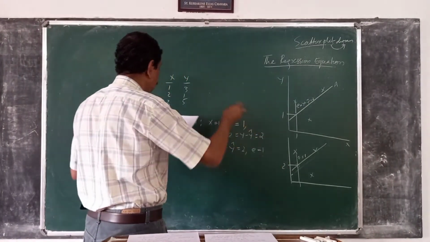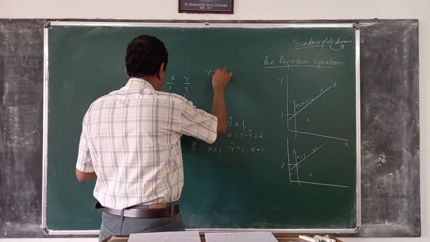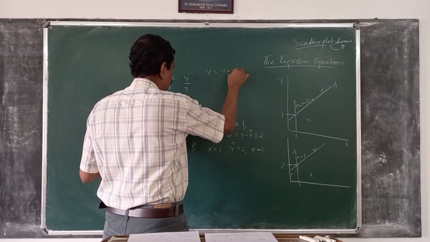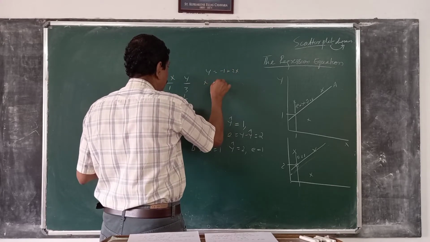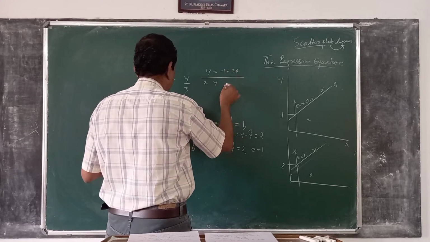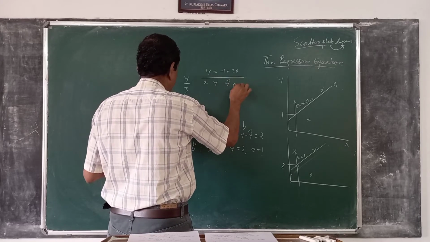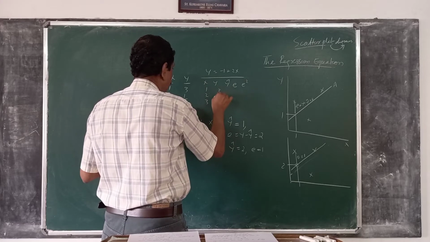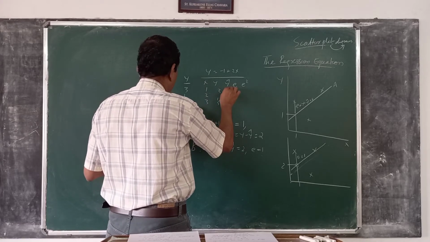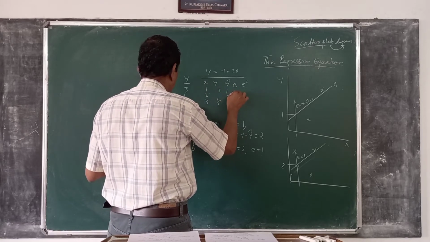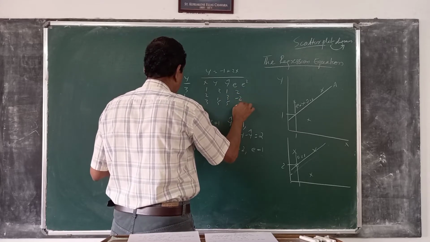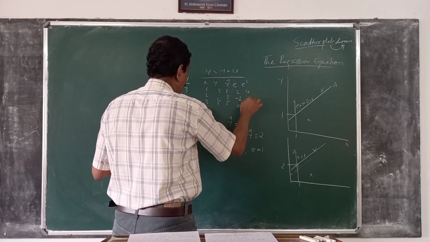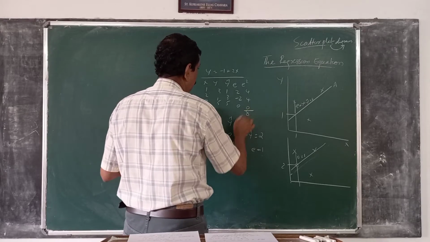And let me compute this for all. Y is equal to minus 1 plus 2x. x, y, then y hat, e square: 1, 2, 3; 3, 1, 5; then y hat is 1, 3, 5; e is 2, minus 2, 0; e square is 4, 4, 0, so it is 8.